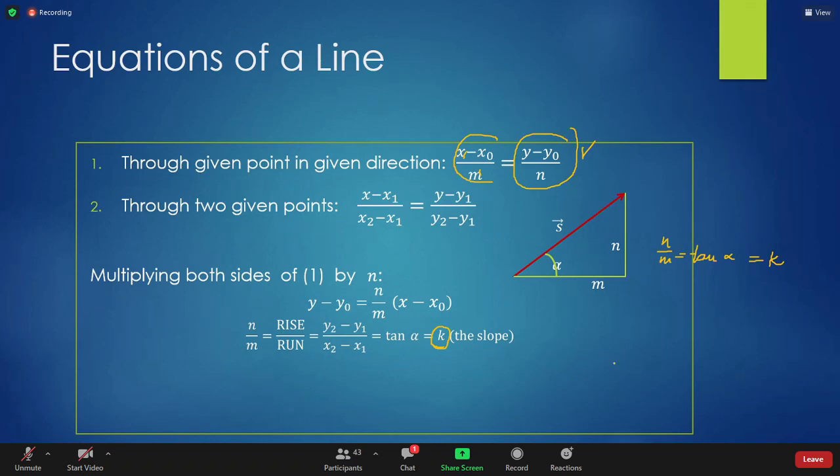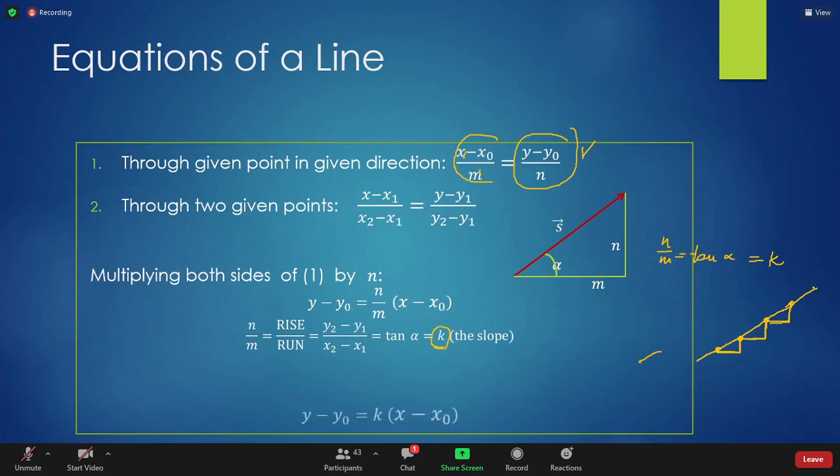If I want to plot a line, all I have to do is decide what is rise and what is run, and I can build this staircase and get many points on the line. Rise, run, rise, run. And then, of course, I can draw the line without calculations.